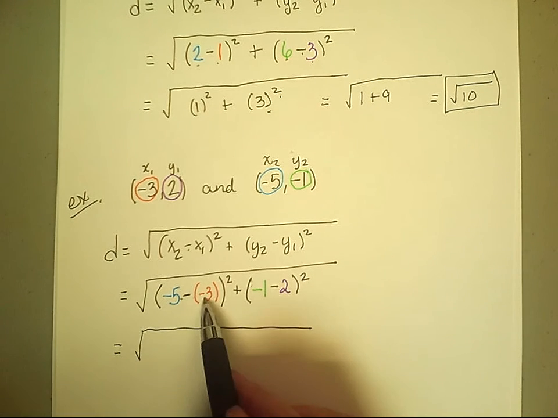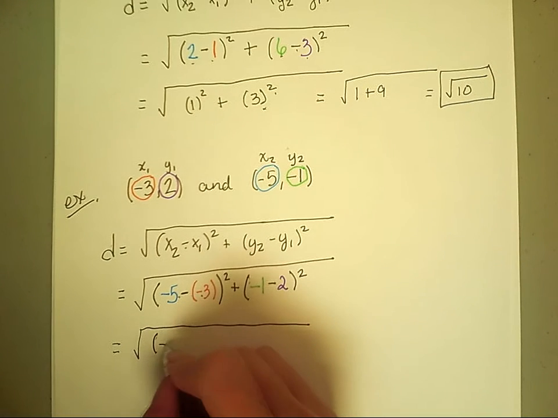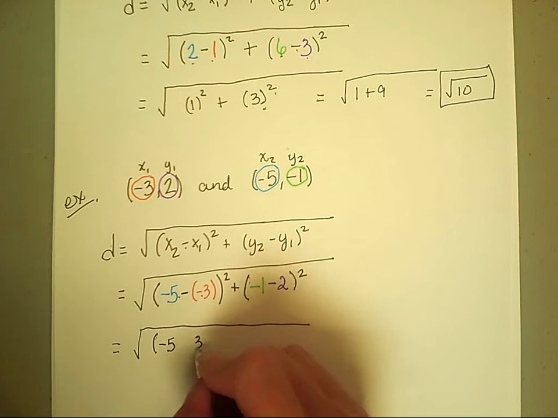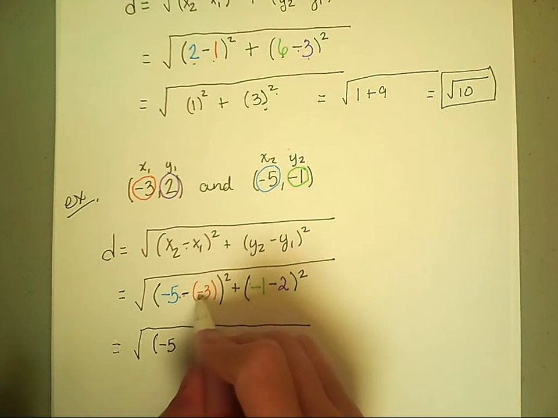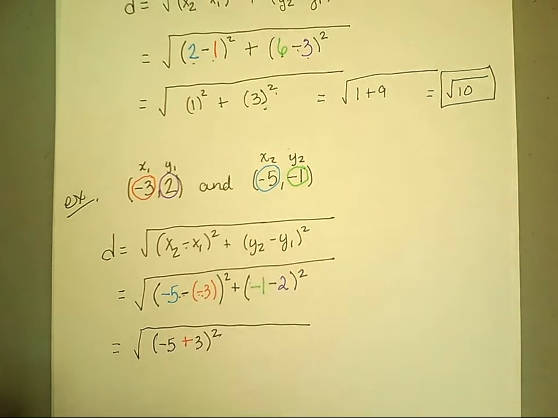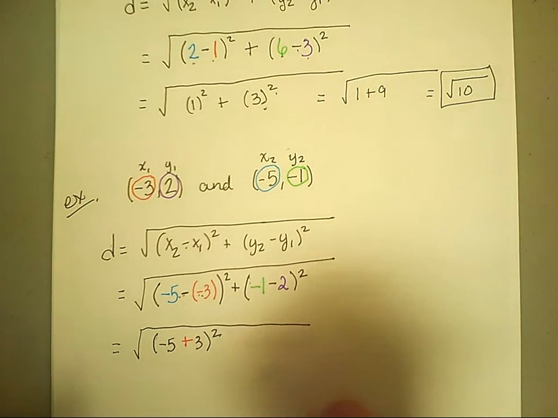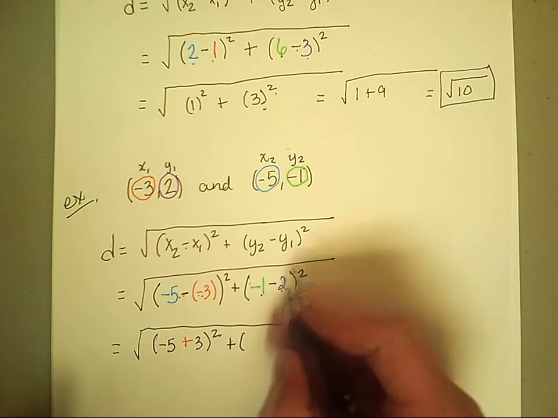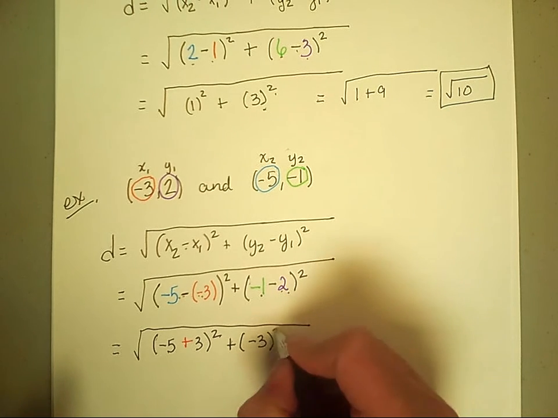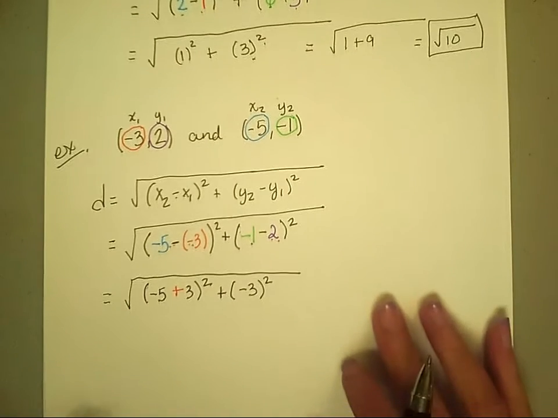Alright, now let's simplify inside of here. This is -5. Now, what happens here? Remember that when you're subtracting a negative, that turns into a positive. And then plus, well, simplifying the parentheses, -1 minus 2 is -3, and that gets squared.